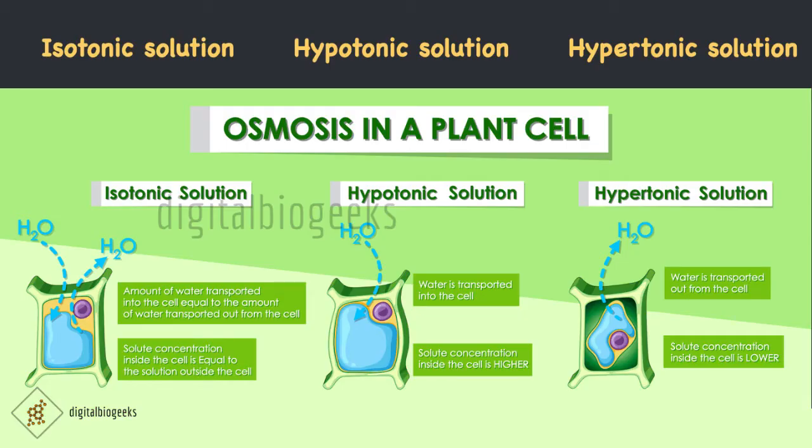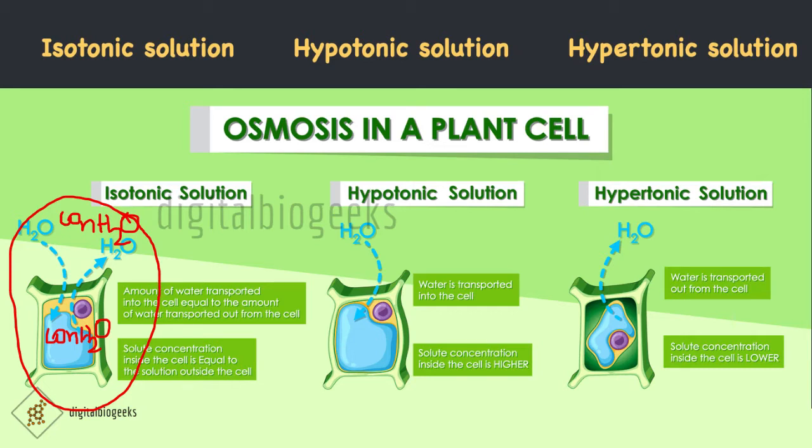If a cell is placed in a solution which contains exactly the same concentration of water as inside the cell, there will not be any change to the cell. If the concentration of water in the solution and the concentration of water inside the cell is equal, then there will not be any change to the cell.